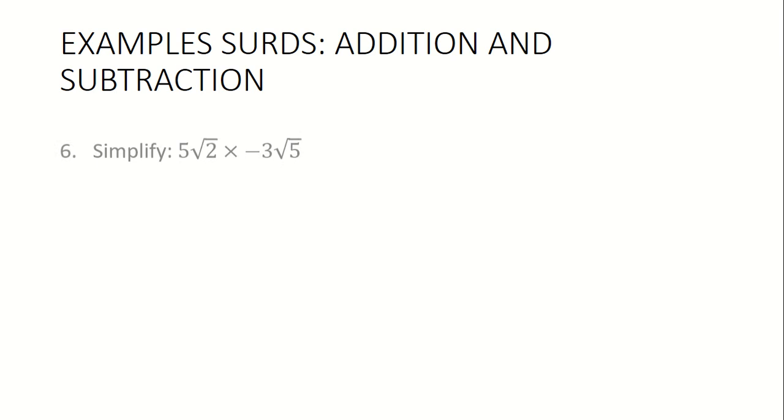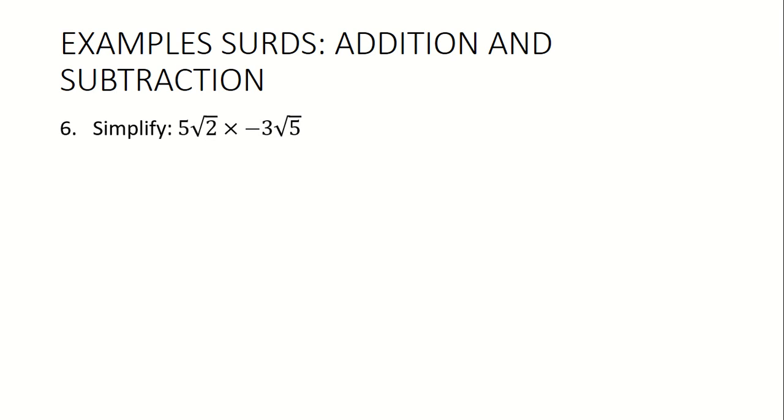Now, what do we do here? Firstly, I'm going to go back to grade 8, where you just multiply the coefficients of the root first. So basically, I will multiply 5 with minus 3, and 5 times minus 3 will give me negative 15. I still have the square root of 2 multiplied by the square root of 5.